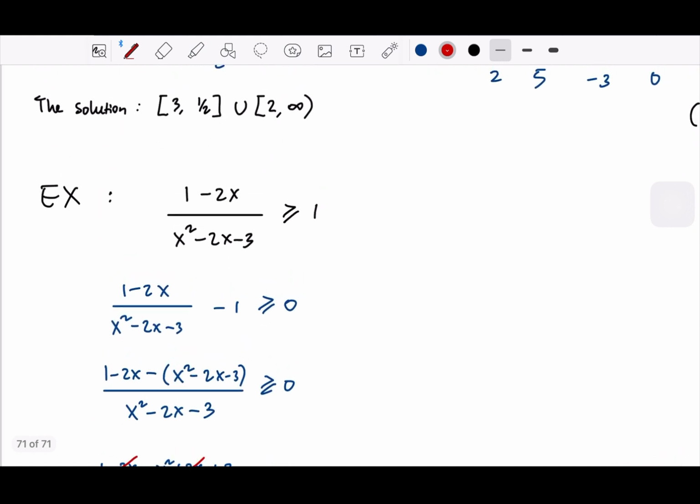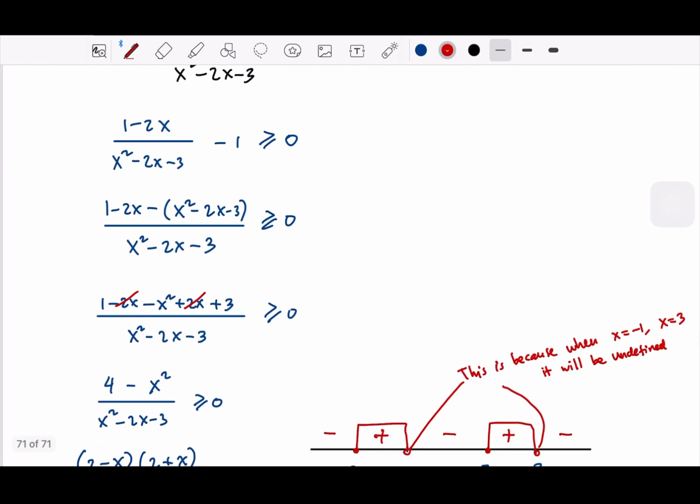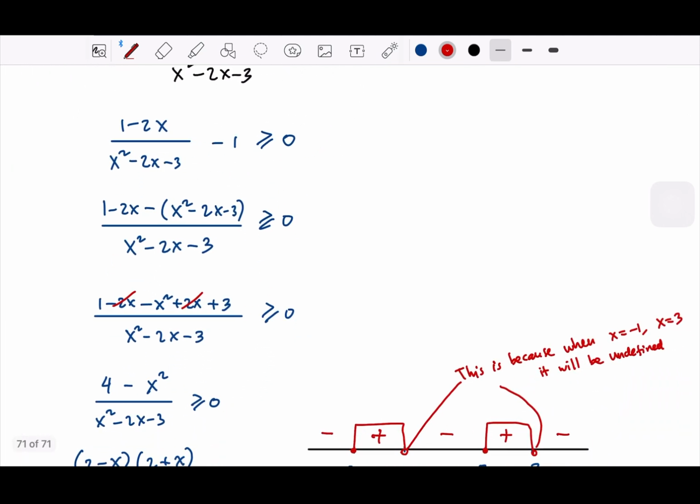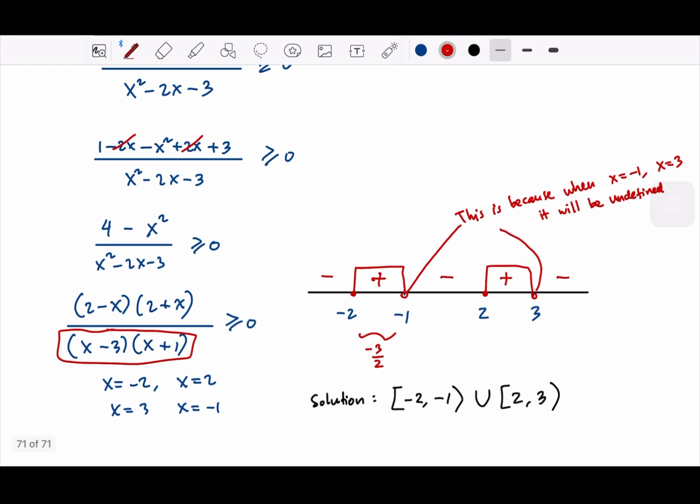And when we have a rational inequality, we need to move everything to one side and simplify, and then find the critical points, which are usually the zeros and the x that make the expression undefined. The exception numbers need to be written down on the interval, and that will be the solution.